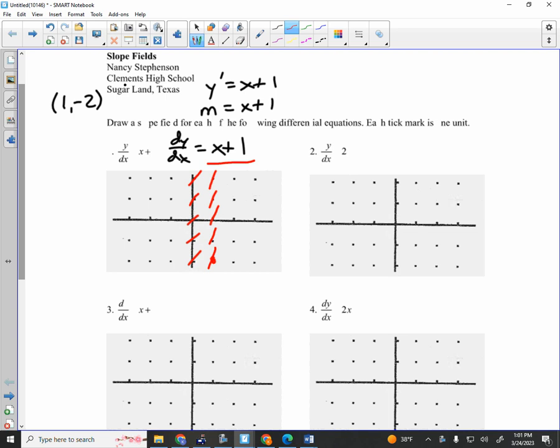So if you add 1 to negative 1, these slopes are all going to be 0. Now, if I look at this x value of negative 2, the slope will be negative 1, so I draw slopes of negative 1.